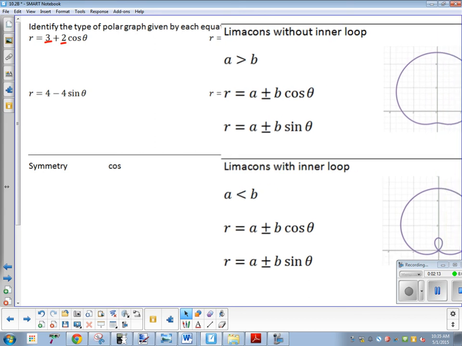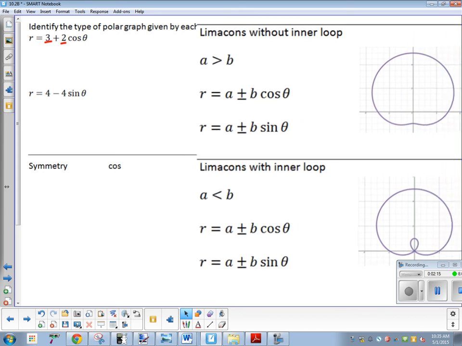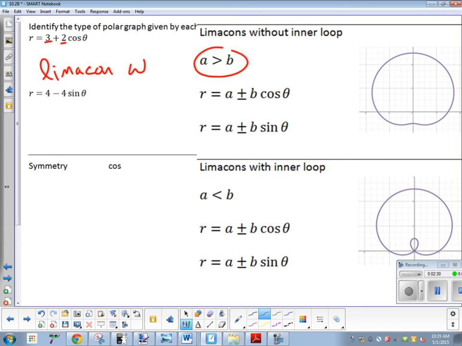So that means one of 2 things is true. Either 3 is bigger than 2, or 3 is less than 2. Which is true? 3 is greater than 2. That makes this one a limacon without a loop. Okay, so it's going to look like that shape there. We're just doing a simple categorization of each.